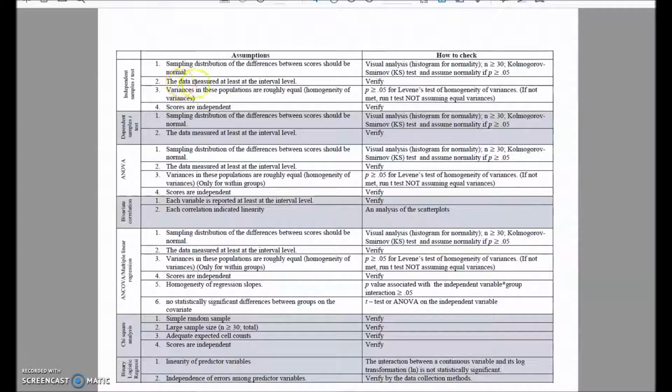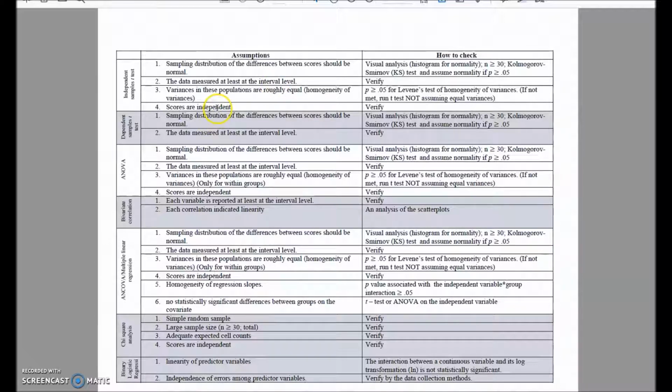The second is whether the dependent variable or the data is measured at least at the interval level. Variances in the populations are roughly equal, that is the homogeneity of variance. That means across the mean, the population variances are roughly the same on the left and the right side.